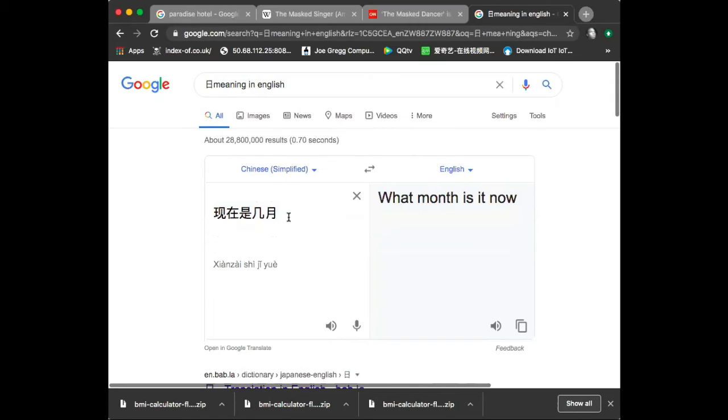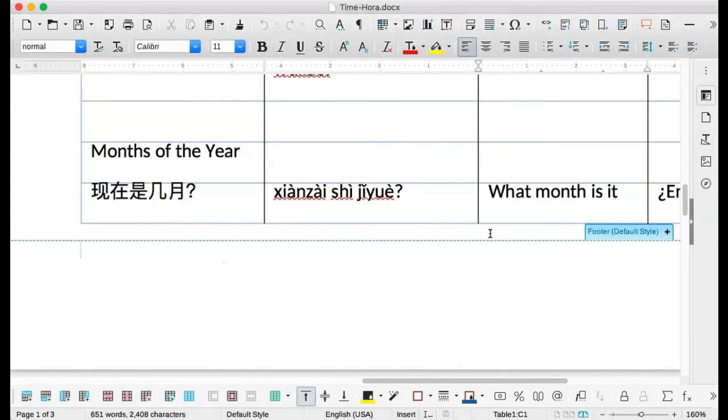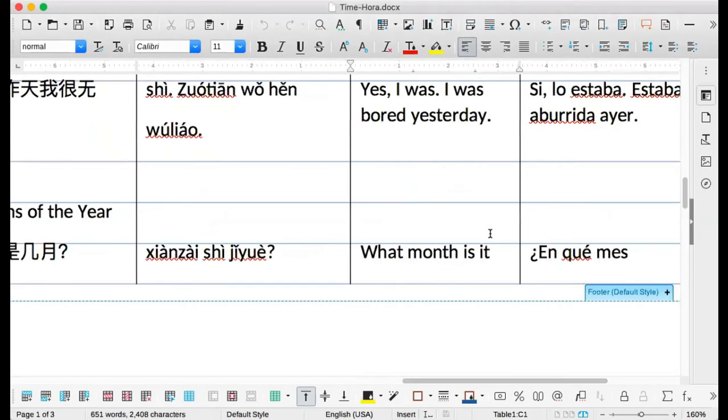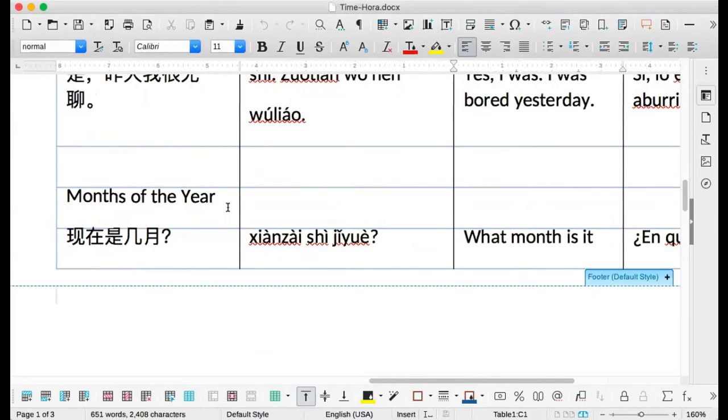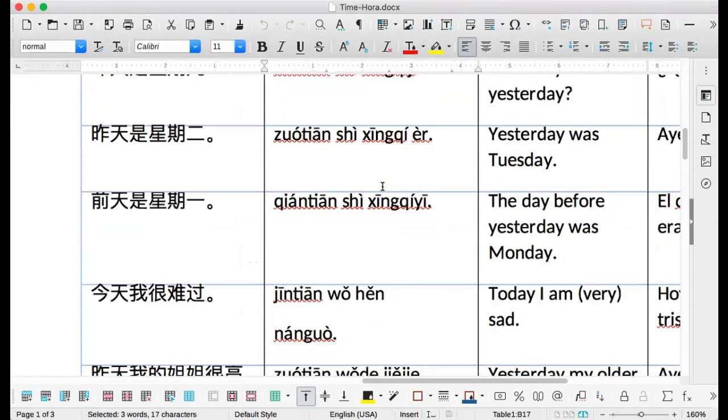So we simply removed the o'clock and replaced it with the word for month, Yue. Yes. So coming back to our sentences, you see months of the year. The last part here, 现在是几月. What month is it? Right?